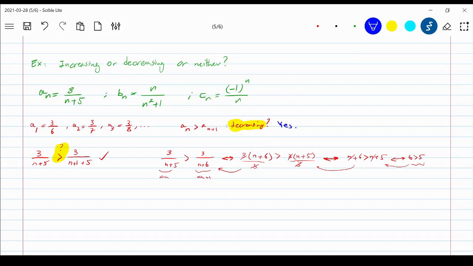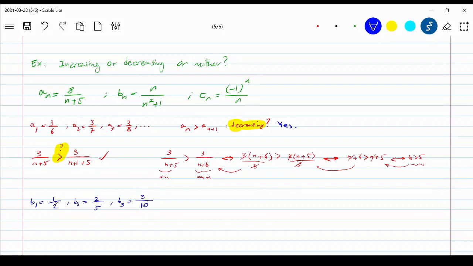Okay, how about if we look at Bn? Let's look at Bn. I'm going to find out a couple of terms of this sequence. B1 is 1 divided by 2. B2 is 2 divided by 5. Then B3 is 3 divided by 10.